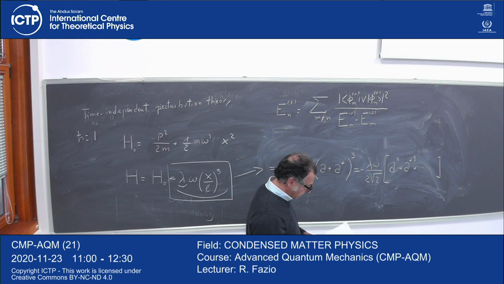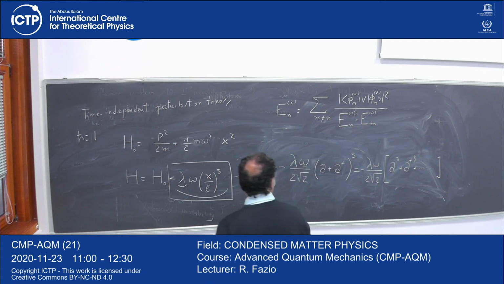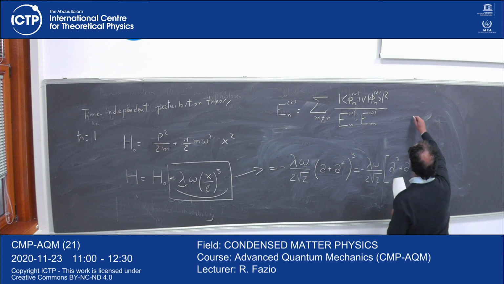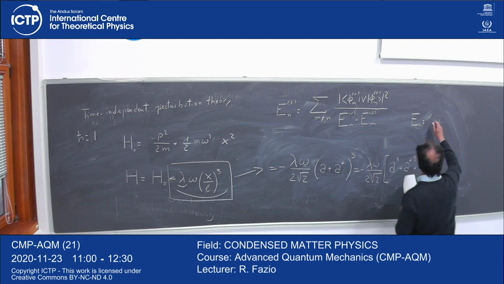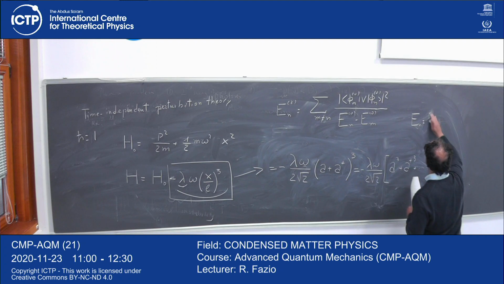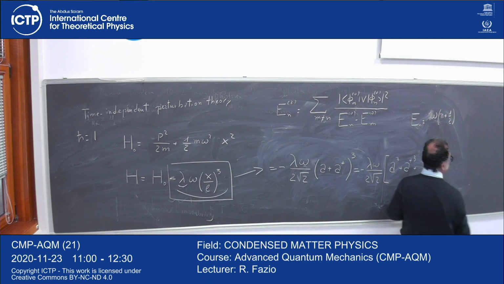So let's consider the state n, okay? If I consider the eigenstate n, E n will have at 0 order h bar omega (n plus 1/2).